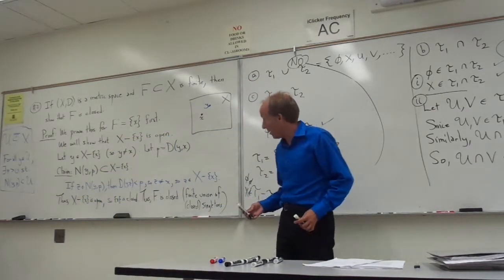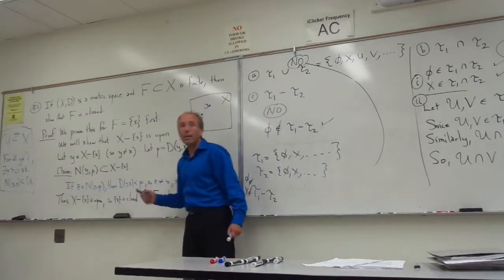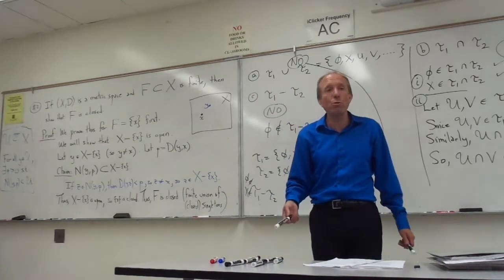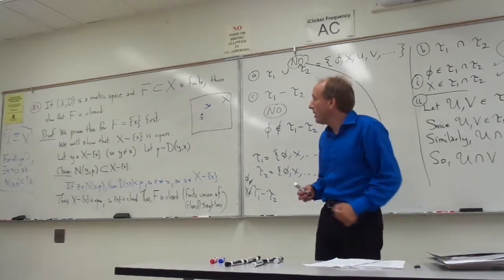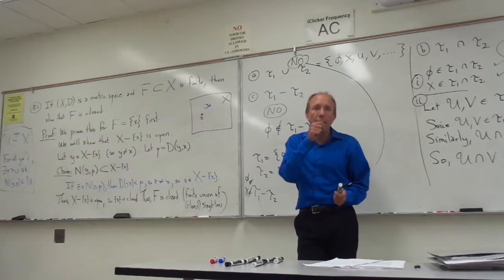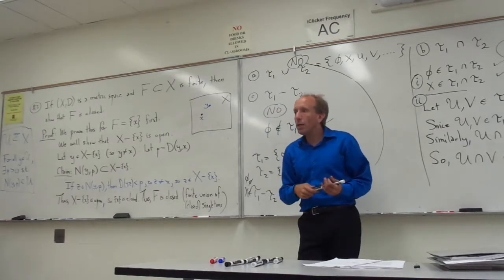To me, it's clear that capital F is a finite set, and you're taking a finite union of singletons. I can see in my mind that's how you're doing the problem. But if you have any doubt during the test, oh, do I need to justify this or that, you can come ask me.